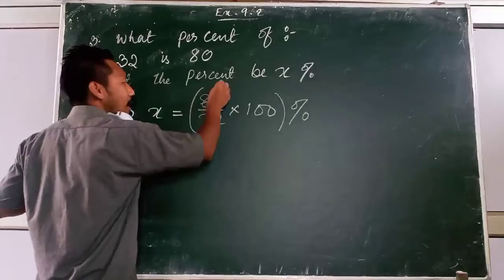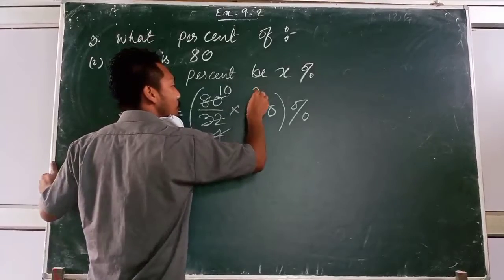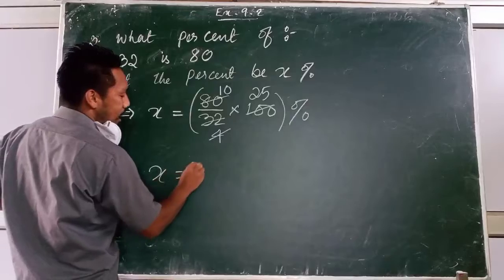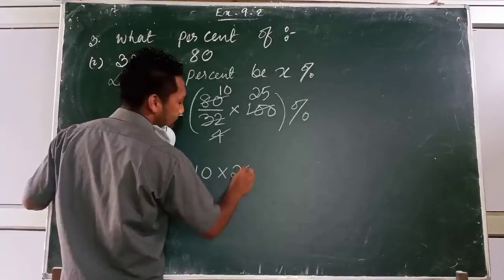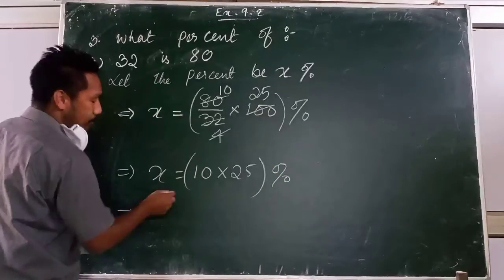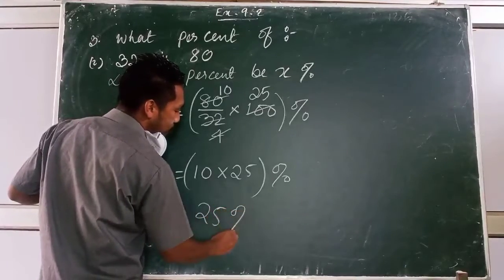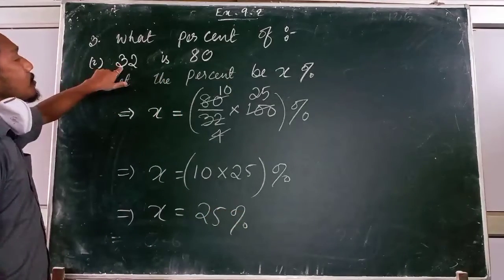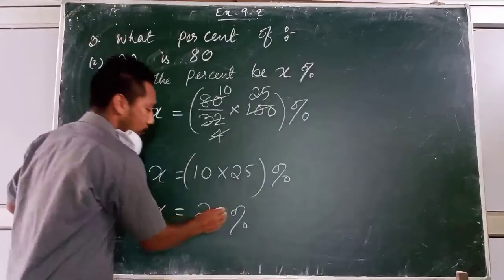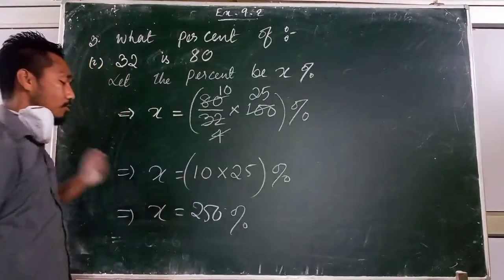8 tens are 80, 8 fours are 32, 4 twenty-fives are 100. So your answer remains 100 into 25 percent. 10 into 25 is 250.